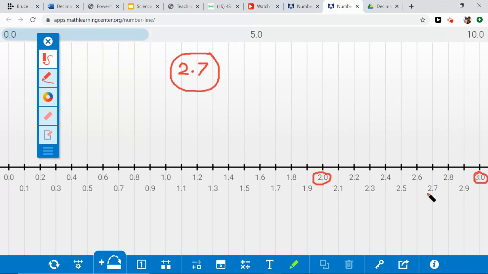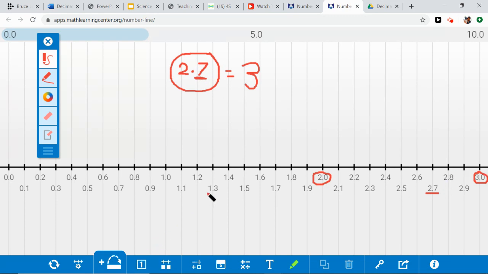So you can see 2.7 is here and it is closer to 3. So 2.7 rounded to the nearest whole number would be 3. Remember, this is 5 or higher, so therefore we rounded up.